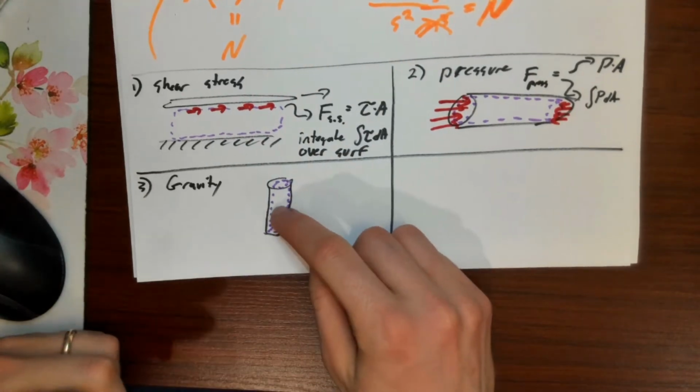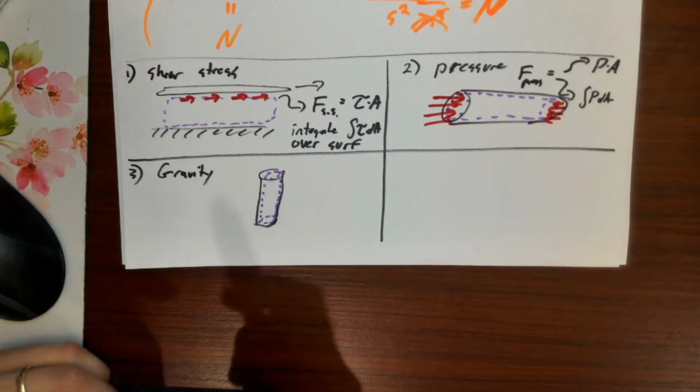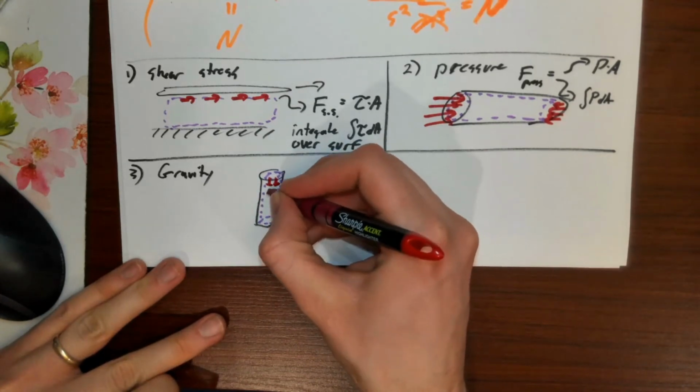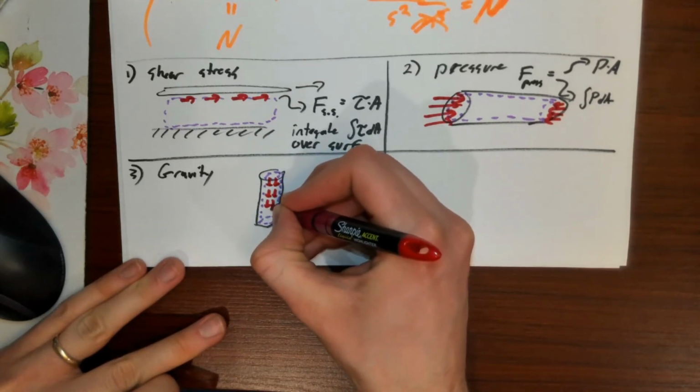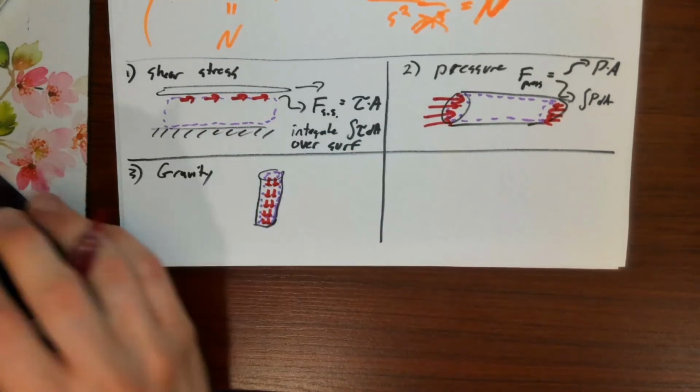Gravity is tugging down on the whole volume of this fluid, right? Fluid has mass. Gravity pulls on things that have mass. So gravity's tugging downwards on every little chunk of fluid in this control volume.